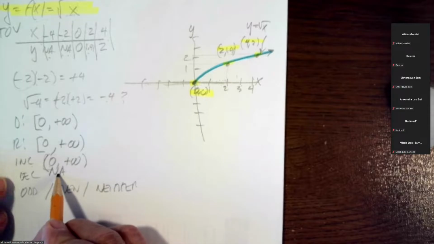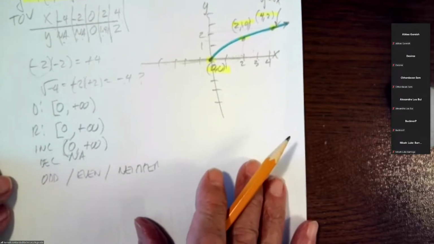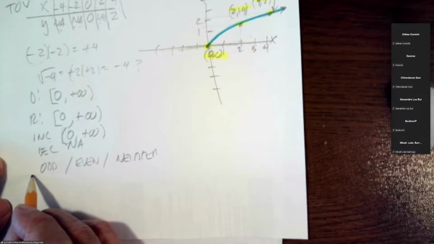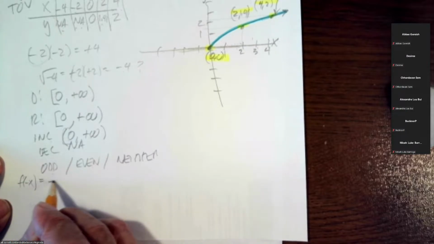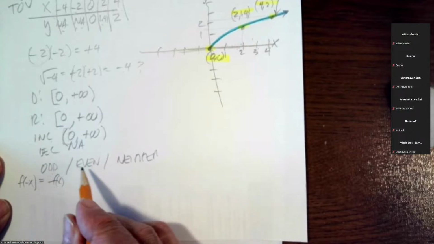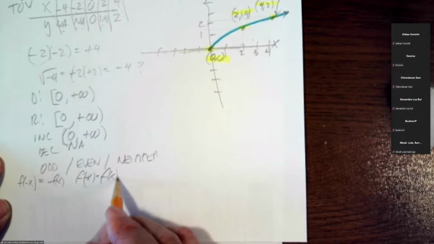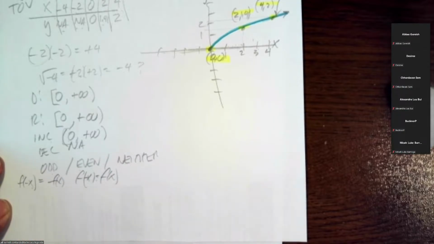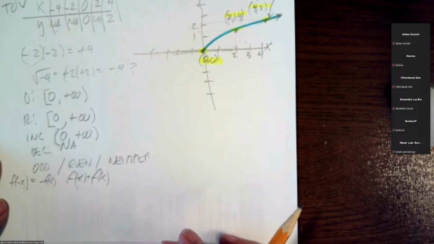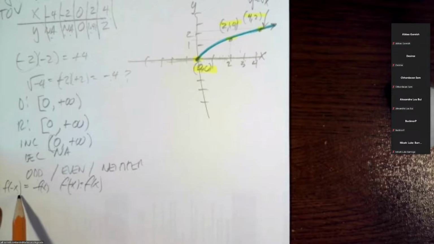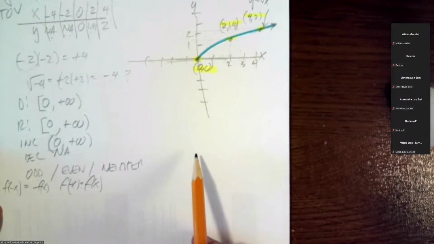And how about, is the function odd, even, or neither? And remember how we defined them? Odd being f of negative x equals negative f of x. Even, f of negative x equals f of x. And neither would be, neither of these cases is true. So what do we think? That is to say, if we apply these definitions to this curve, what are we going to get?